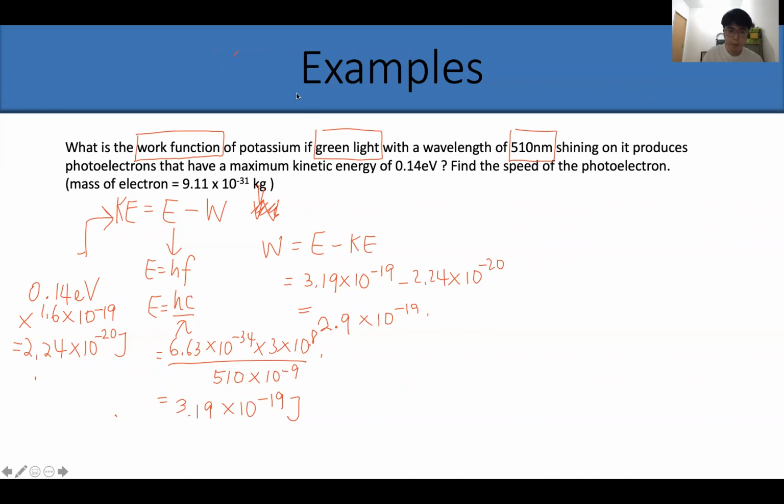This one should be 3.9. Okay, let me erase this. This is 3.9 times 10 to the power of negative 19. So this is 3.9 times 10 to the power of negative 19.